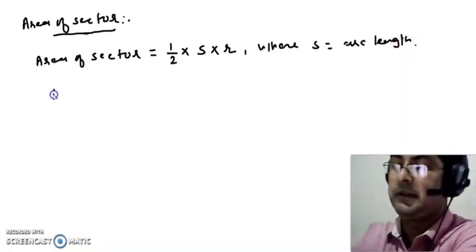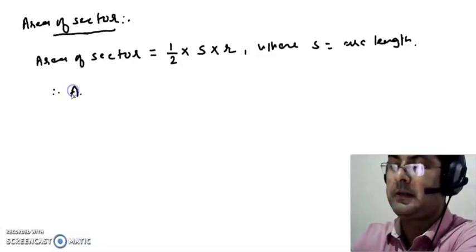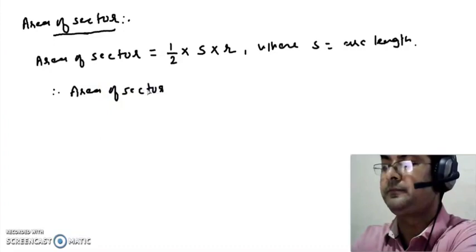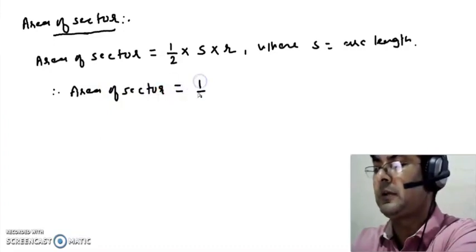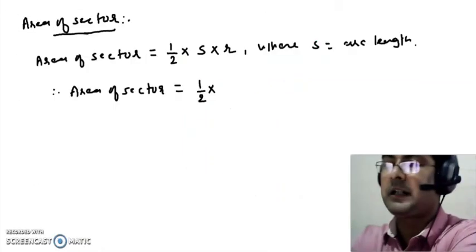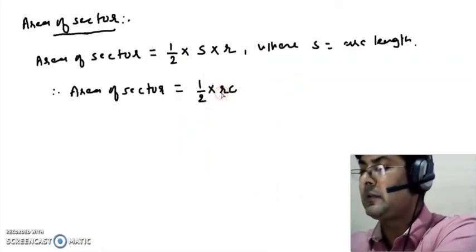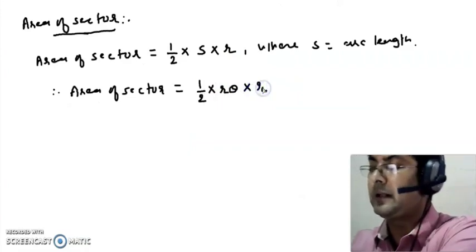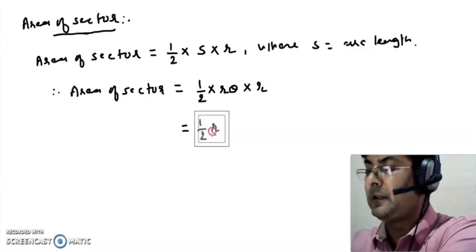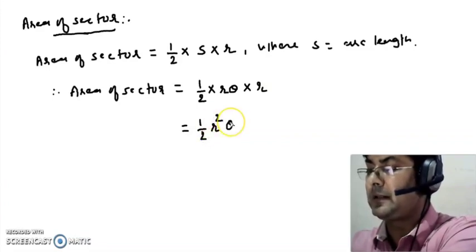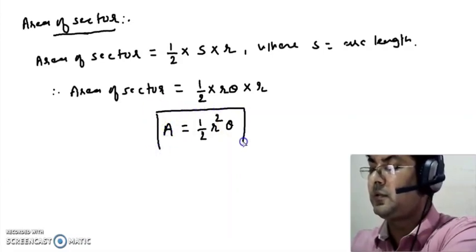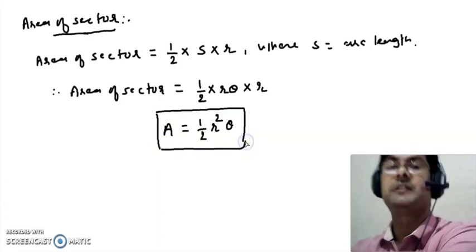Therefore the area of the sector will be equal to half into the value of S we have just seen, that is R theta, into R, which will be equal to half R square theta. So here we have derived the formula to calculate the area of a sector.